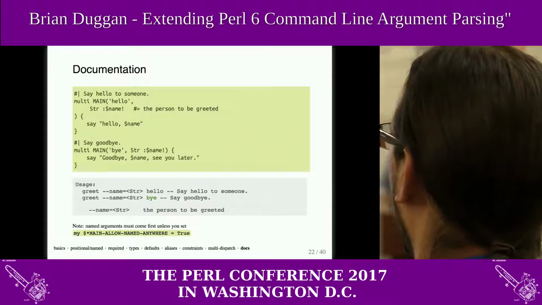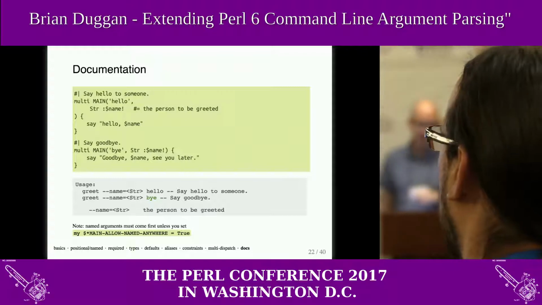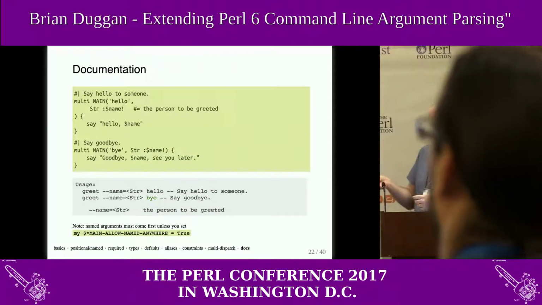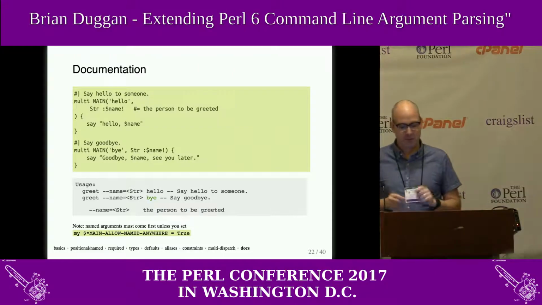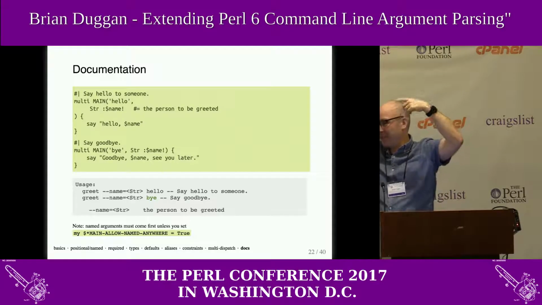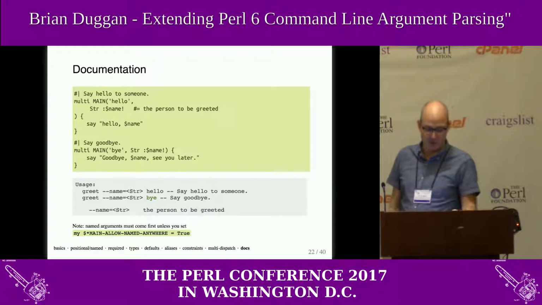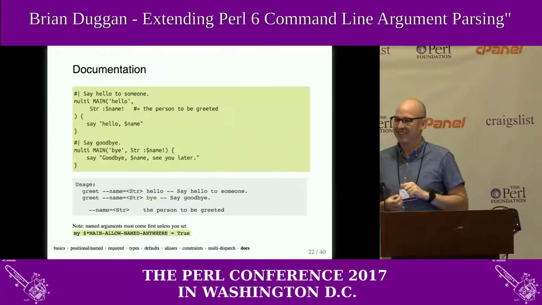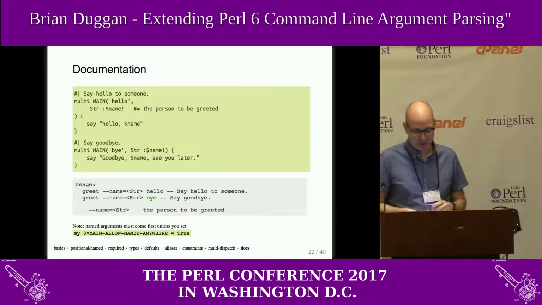came before it. So in this example, we've got this multi-main, and the first thing we do is we say, this comment is say hello to somebody, and it's attached to this main. And then the argument here, which is a required parameter name, also has a comment attached to it. And the comment is the person to be greeted.